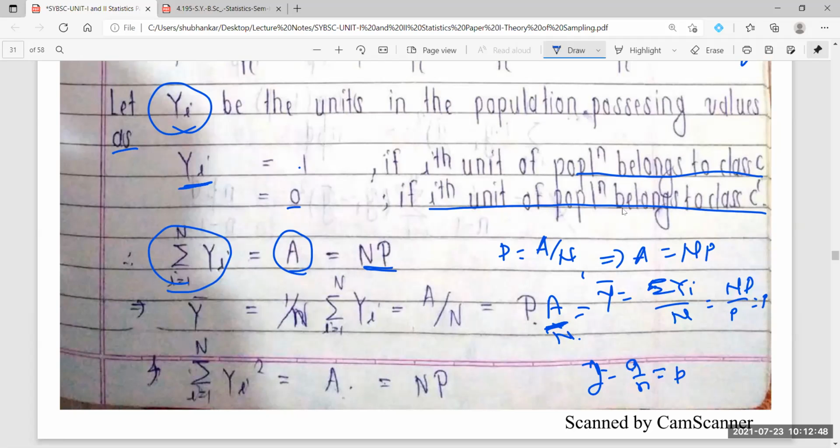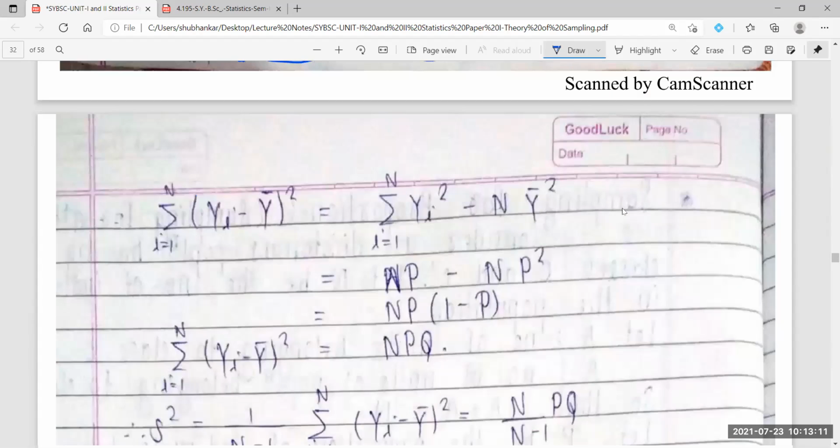Again we can take summation yi square. If we take square of 1, it is again 1, square of 0, it is 0. So summation yi square is also equal to capital A, and that is equal to NP. Okay, so this is the case.